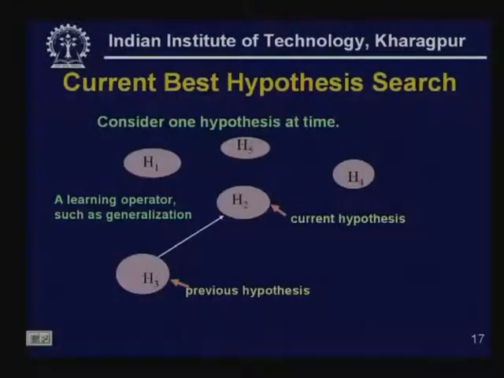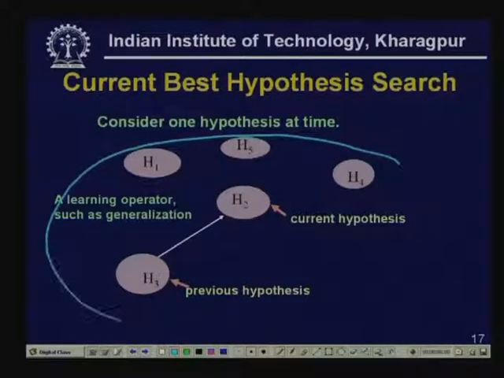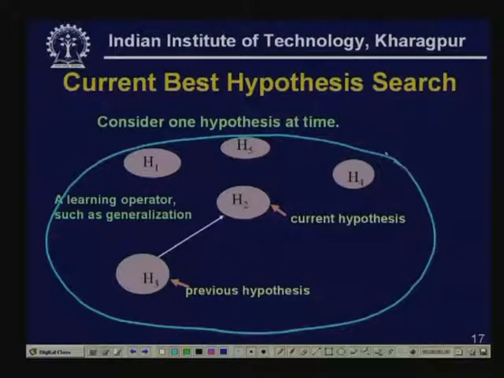Now, when we have a hypothesis space which consists of a set of competing hypotheses, how do we search for the hypothesis that we want? The search could be carried out in many ways. We will just mention two simple possibilities.